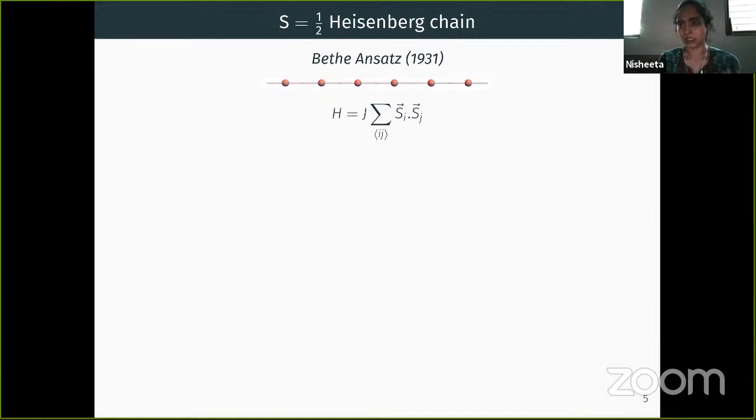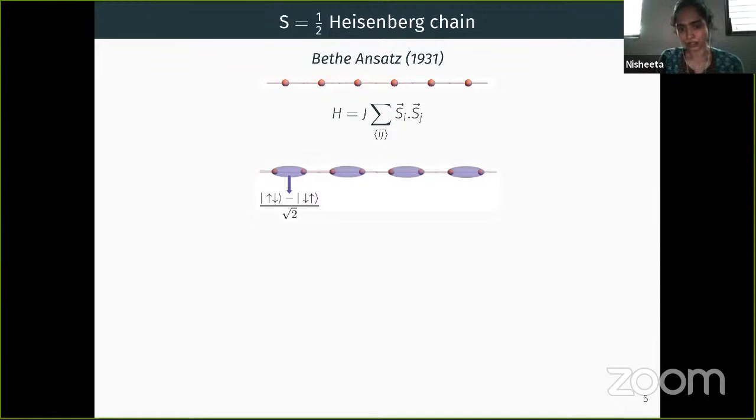Now, what is the ground state of this model, right? So we saw that when J is greater than 0, the ground state of two sites is just a singlet. So you might think that each spin tends to form a singlet with a neighboring site, and that forms long-range order. But Bethe found that this model actually has gapless excitations.